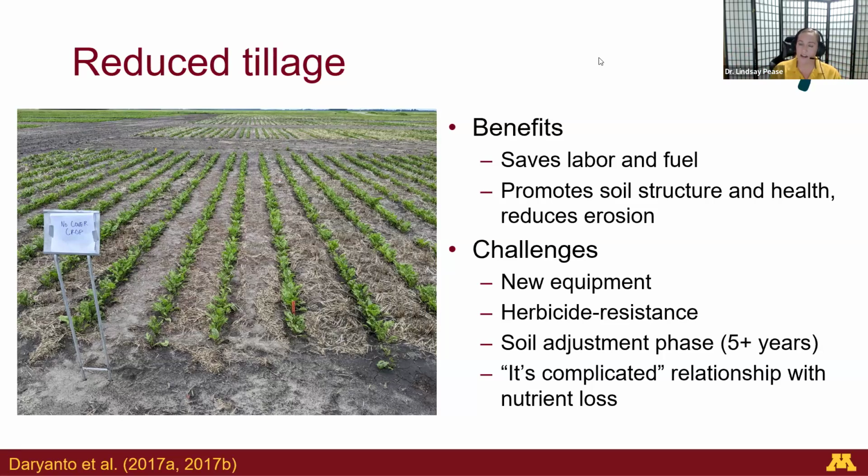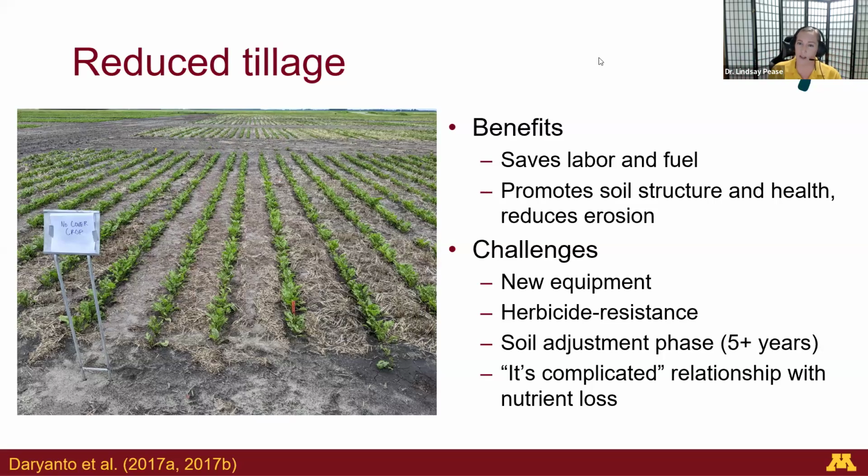The other issue that I will say that I see somewhat with reduced tillage is that, if anybody had Facebook or still has Facebook, it has that "it's complicated" relationship with nutrient loss. For erosion control, it works great. We can agree, especially with that wind erosion picture I showed in the last slide, it works great for that.